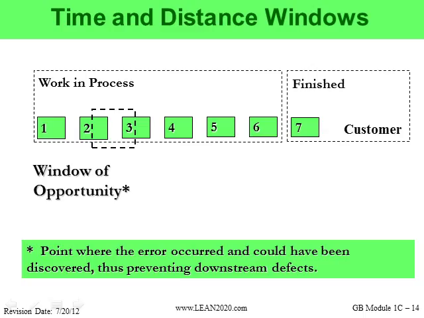We can say what happened between this afternoon and earlier this morning versus what happened over the last 2 or 3 weeks, because we had stuff escape to the customer, and that was the first time we were made aware of this issue. So by reducing our window of opportunity, we actually can control our processes and get to root cause and corrective action much, much faster. So whether we have error prevention or error detection, we want to reduce this window of opportunity as much as possible.